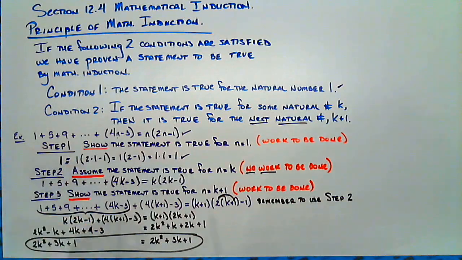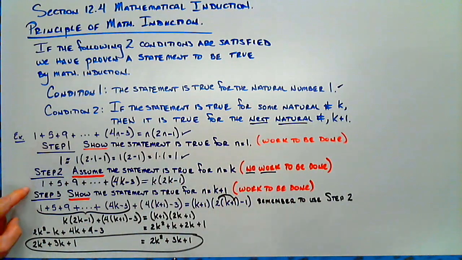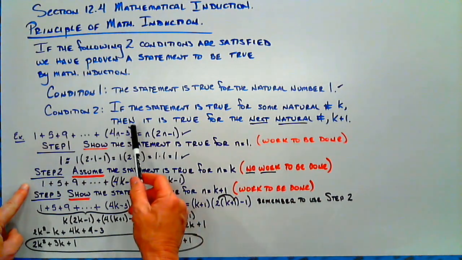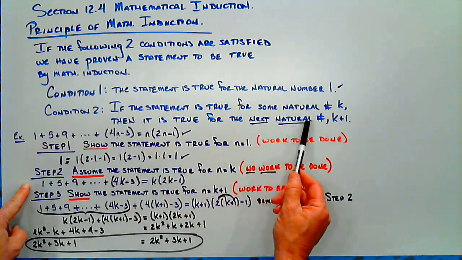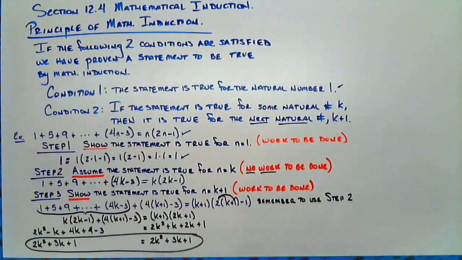And it says, if the statement is true for some natural number k, which we assumed it was, then we have to show it's true for the next natural number k plus 1. And we did that. We showed the statement was true for the next natural number k plus 1. When we plugged in k plus 1 on the left-hand side, we plugged in k plus 1 on the right-hand side. And then we simplified. We got them to be equal.